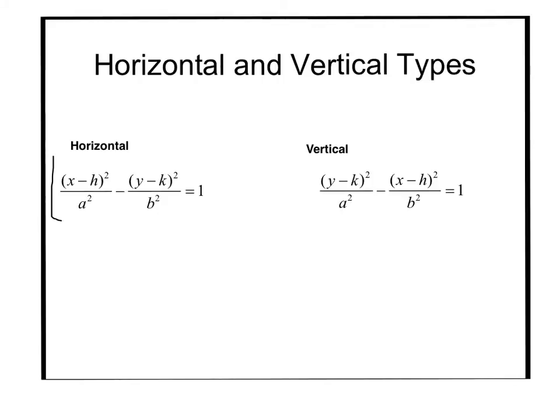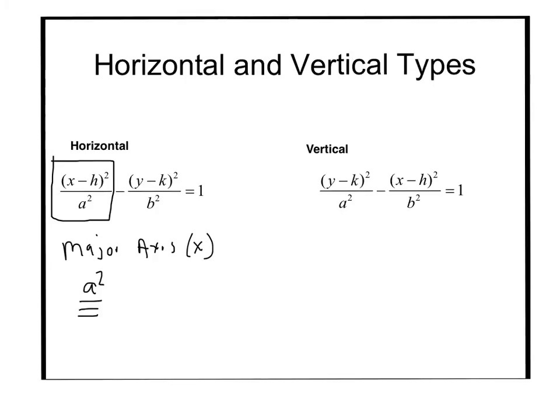And this one right here is going to be a major axis, and it's going to be x. And the reason is the a squared is always with the major axis.